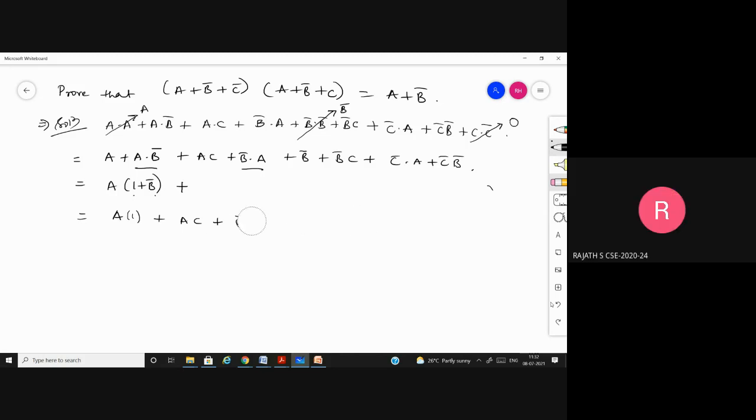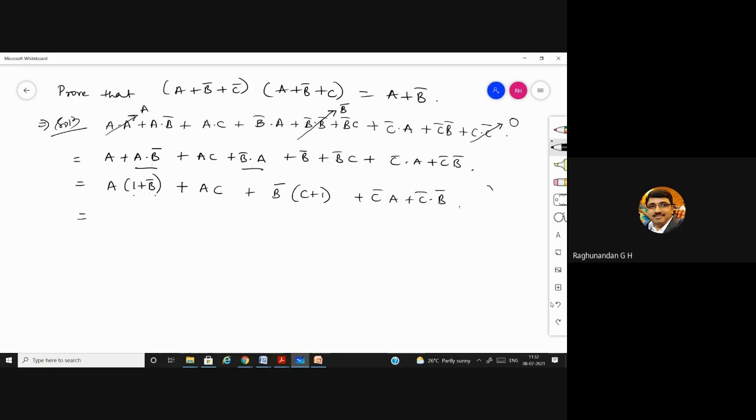No issue. Then we get A plus B bar plus C bar. The final answer will be AC plus B bar. This one I have taken common here: C plus 1, plus C bar A plus C bar B bar.